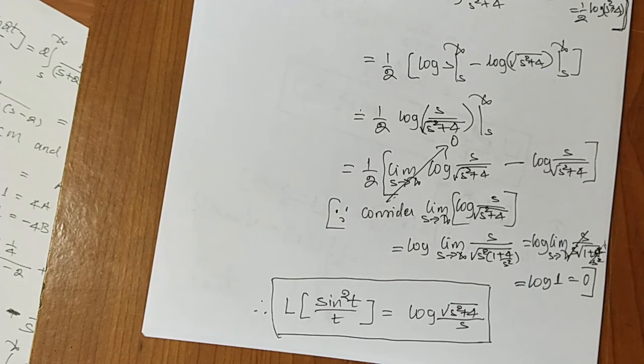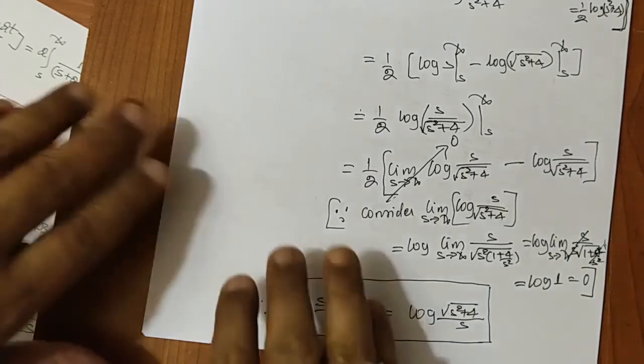Sine at into cos bt by t, cos at into cos bt by t. s over s squared plus a squared. See, one more problem let me consider: sine at into sine bt by t.